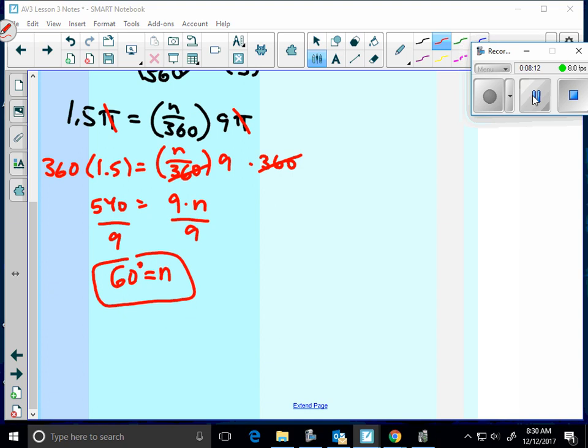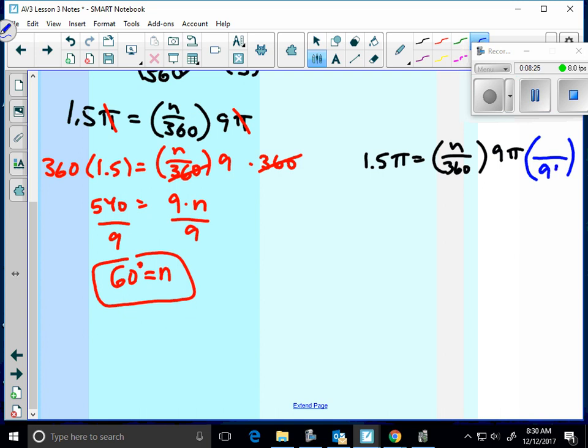Cool. Okay, so for a moment, just humor me here. The three things I want to get rid of are 9, pi, and 360. This is an alternate way to do this. So if I want to get rid of 9 and pi, I want to divide by 9 pi, right? And if I want to get rid of 360, I multiply by 360. So could I do it all in one? Yes, you can. So here the 360s would cancel, the 9s would cancel, the pi's would cancel, and then all I have here is the same thing, 360 over 9 pi.